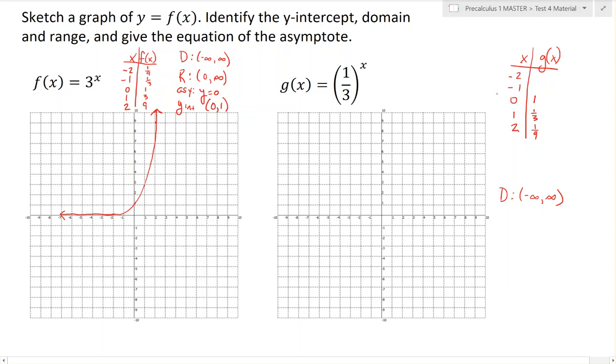Now if we think of 1/3 to the -1, to make that a positive exponent, we flip this fraction, and so it's just 3 to the 1, which is 3. And we do the same thing if we have an exponent of -2. So it's 1/3 to the -2.